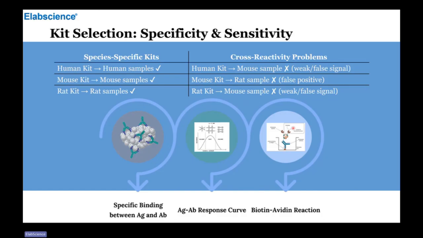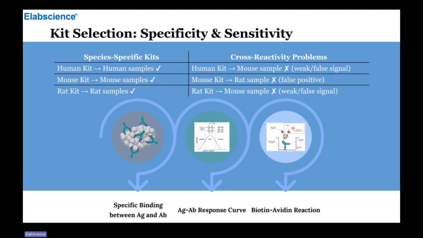ELISA kits are highly species specific, which means that they are designed to recognize proteins from a defined species. If you use a human kit for mouse samples, the antibody may not bind at all, or it may bind incorrectly and give a false positive. So this is the danger of cross-reactivity, where antibodies detect unintended proteins.